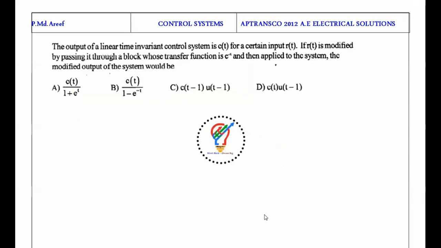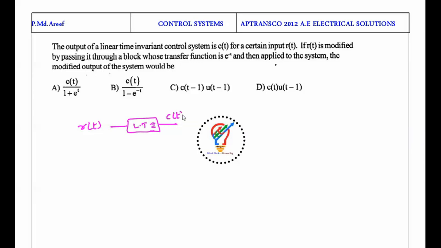Next question. The output of a linear time invariant control system is C of t for a certain input R of t. So if we are giving R of t as an input to a linear time invariant system, the output we are getting is C of t.